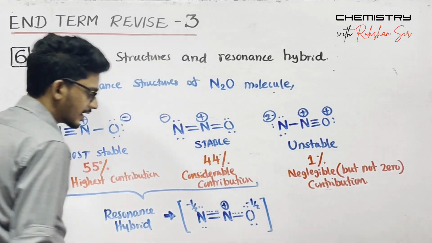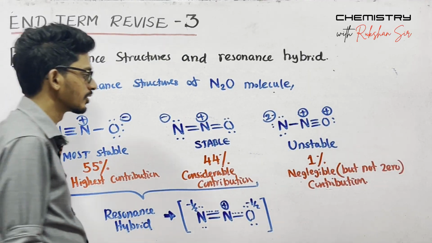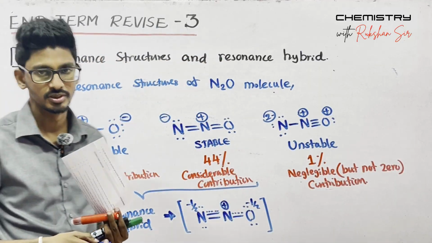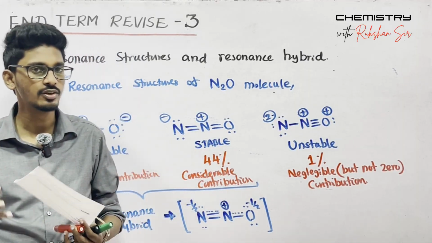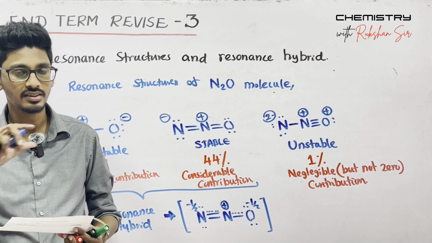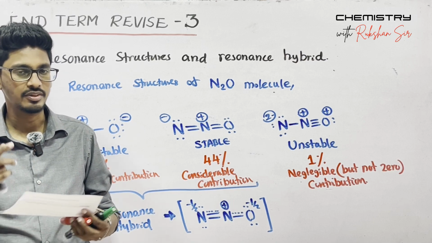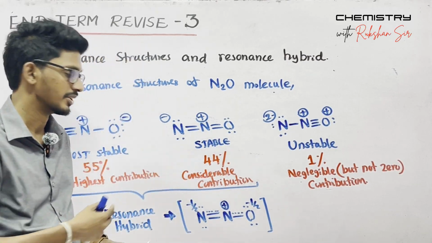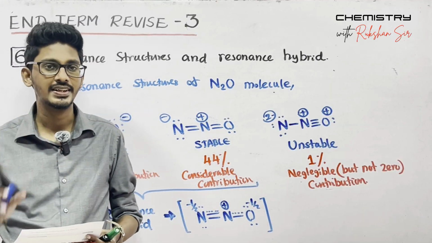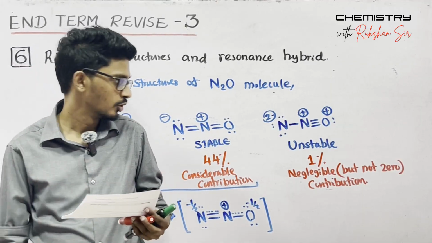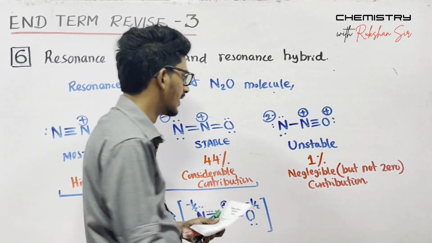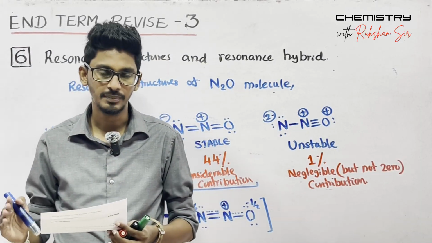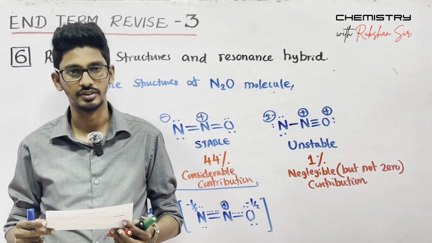Anyway, the contribution of this structure is not zero, even though we consider it negligible. Negligible means not zero. Negligible means something is there, but we don't have to consider it that much when drawing the resonance hybrid. That is what negligible means. So contribution from the unstable as well as less stable resonance structures is negligible but not zero for the resonance hybrid.